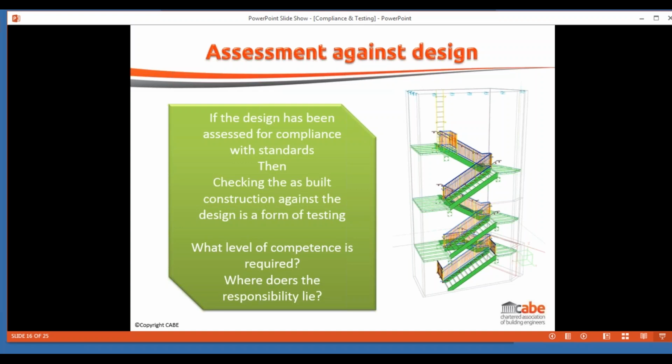And again, if we know we have a design that should work, the actual checking and testing against that design on site only has to understand what they're looking at in the design, if the competence has been used to assess the design rather than the work on site.